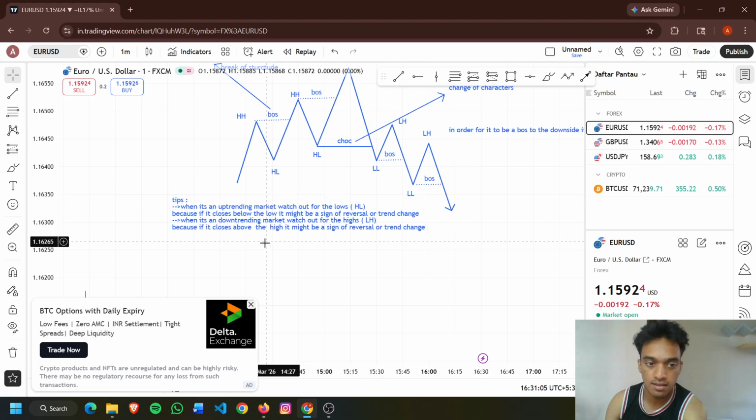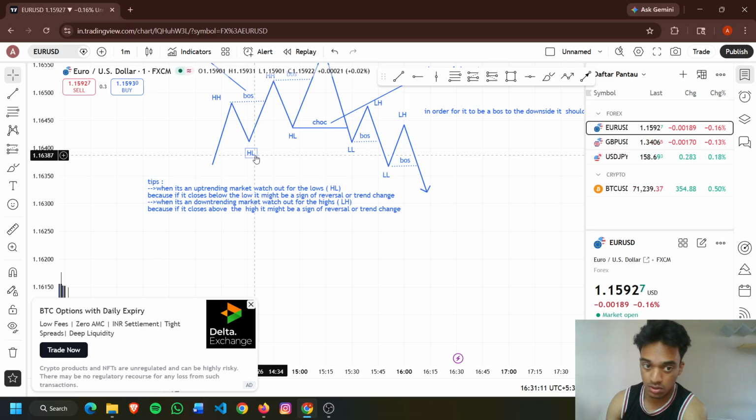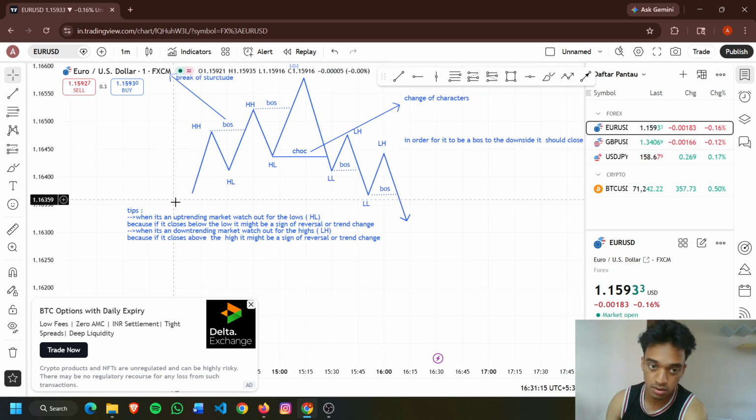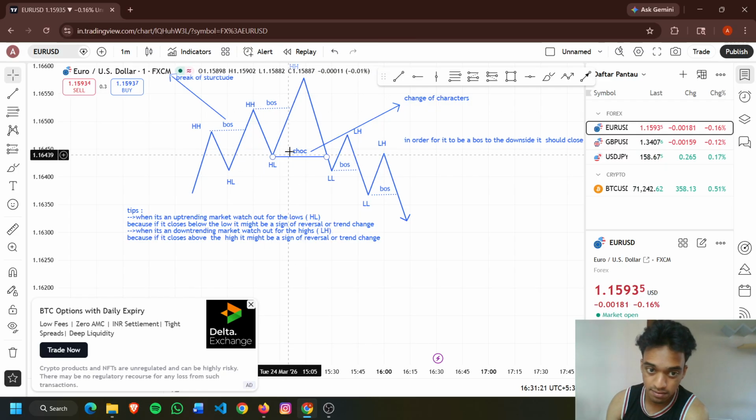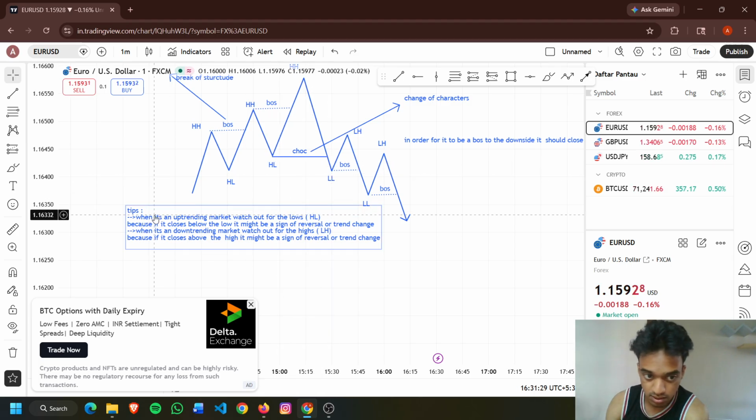There are some tips which you have to remember. When it is an uptrending market, watch out for the lows, which means it is actually an uptrending market right now. See this, and I want you guys to watch out for the lows, because if the market just closed below this higher low, so just take a screenshot or write it down.